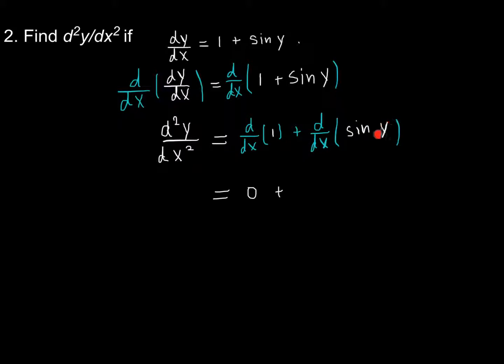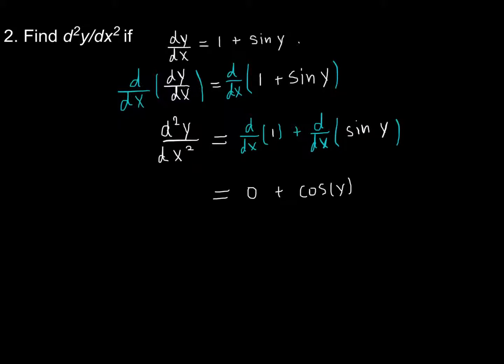And so here I have this function of x, which is y. Remember, it's implicitly defined. We're assuming y is a function of x. So the derivative of sine of y with respect to y, the derivative of the outside function, is simply going to be cosine of y.